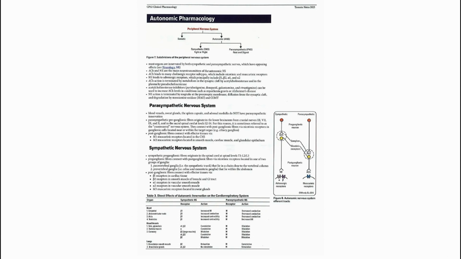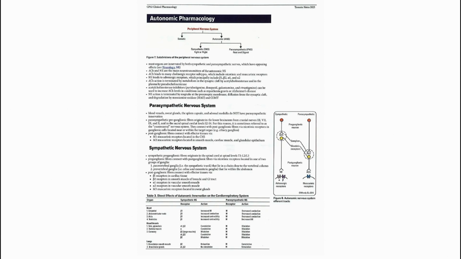Major neurotransmitters of the ANS. The two principal neurotransmitters are acetylcholine and norepinephrine. Acetylcholine acts on cholinergic receptors, which include nicotinic receptors and muscarinic receptors.